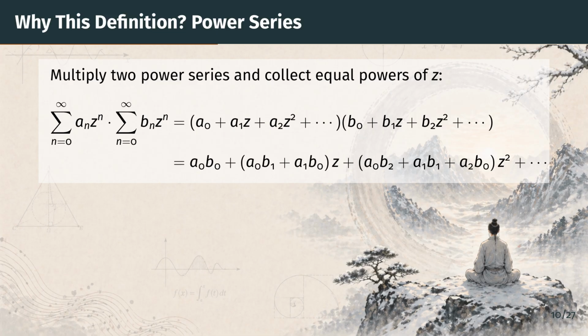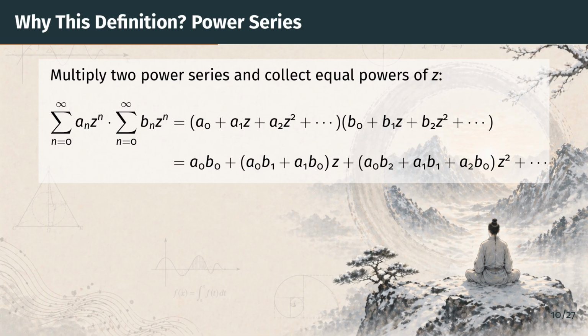The motivation comes from power series. Take two power series, one with coefficients A sub n and one with coefficients B sub n, and multiply them out term by term, the way you would multiply two long polynomials. Then collect the terms containing the same power of z.